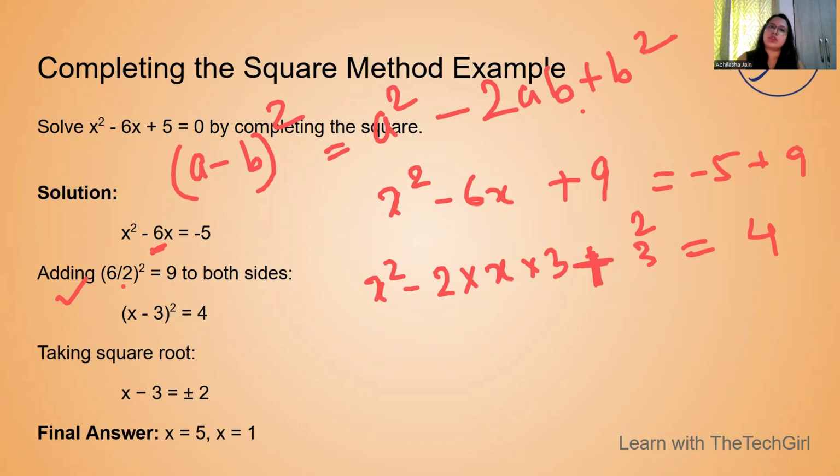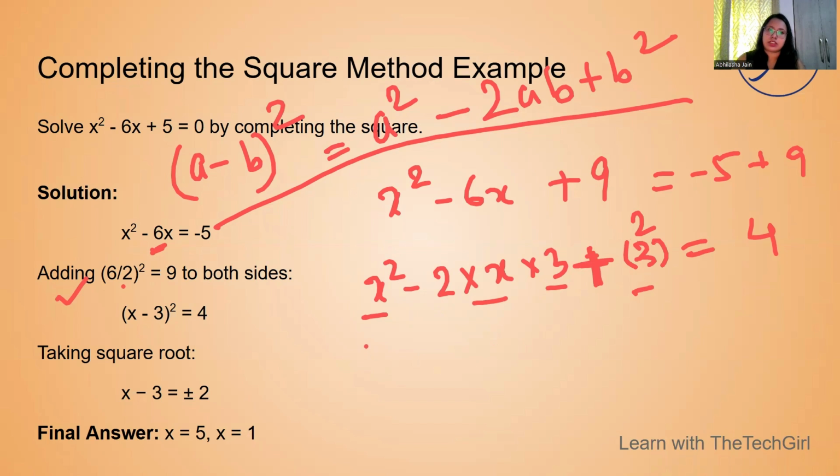Yeah? So by using this formula, you have a as x and b as negative 3. So you're going to do x minus 3 whole square is equal to 4.